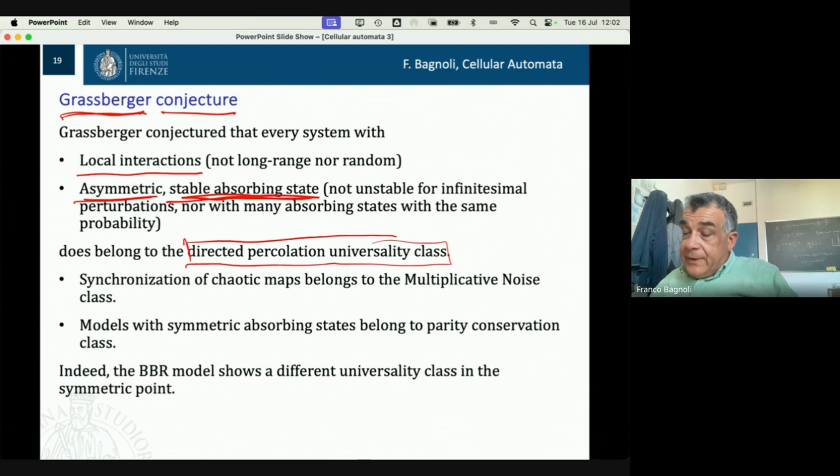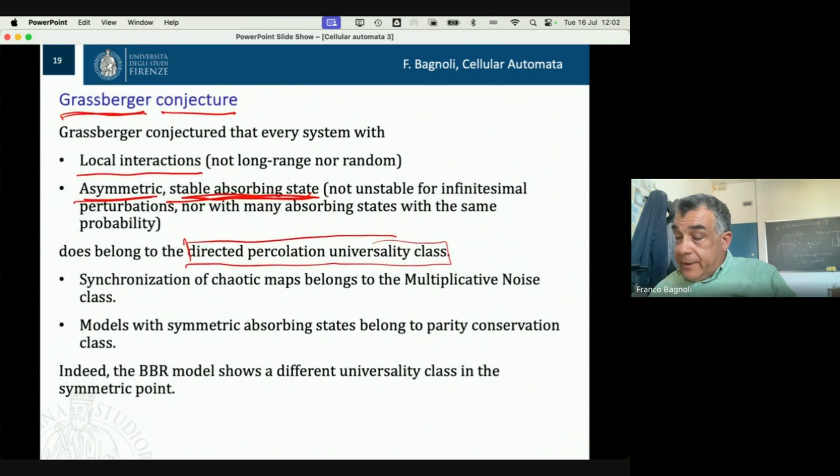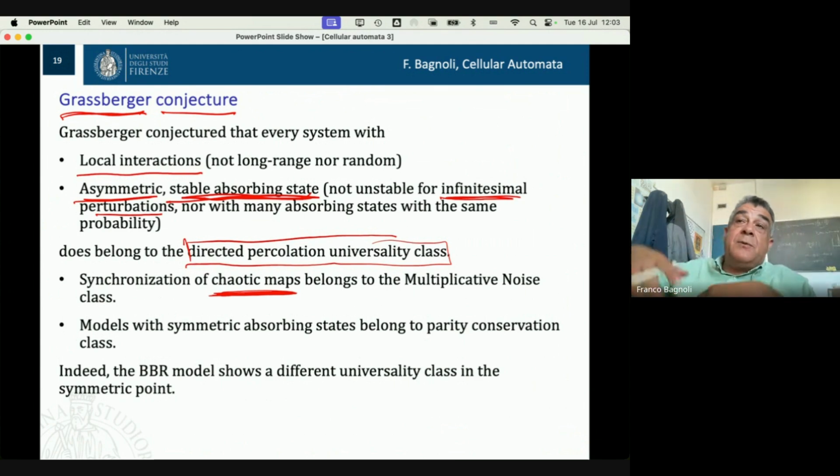While if the absorbing state is not stable, which means that if you make an infinitesimal perturbation, not a finite one like in cellular automata, it can break down. Then, and we shall see in a moment, this happens, for instance, if you use continuous systems, not cellular automata, or maybe cellular automata with a very large number of states.